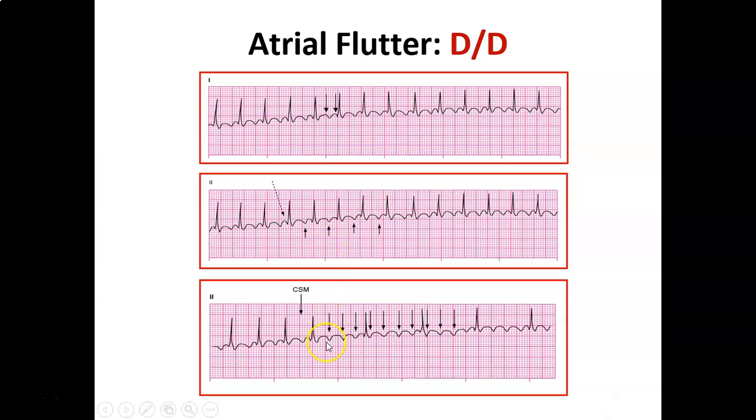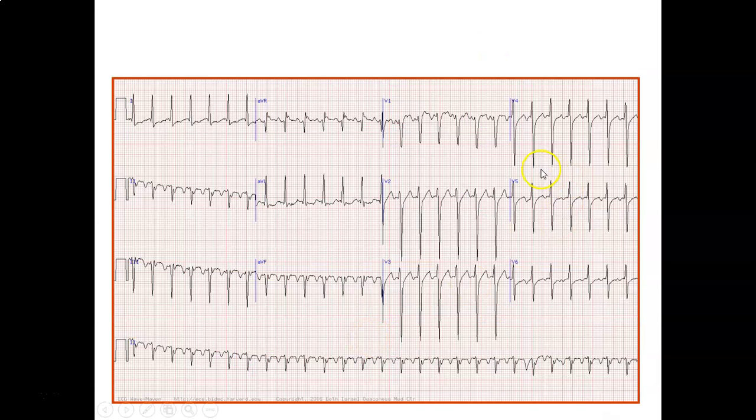What carotid sinus massage will do is delay the flow of electricity through the conduction system from the atria to the ventricle, from the SA node to the AV node. Once the electricity is blocked at the AV node, the flutter waves will become more and more prominent and more in number. So this will give a clear picture whether it's a sinus tachycardia or atrial flutter with 2-into-1 conduction.